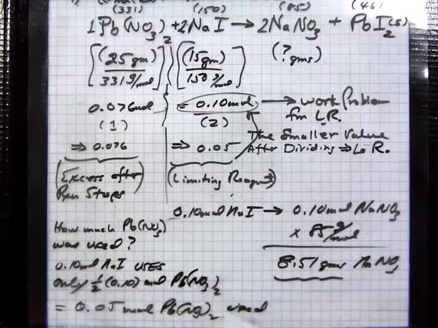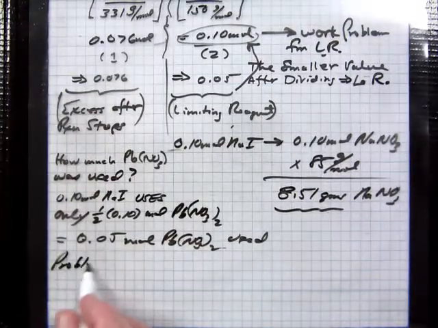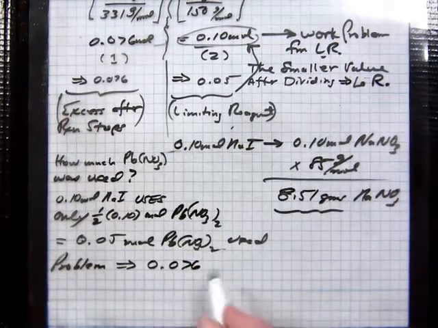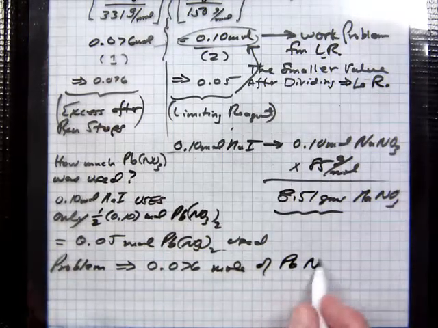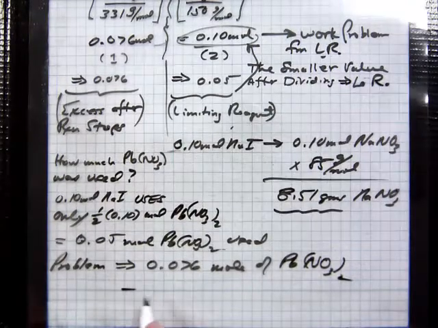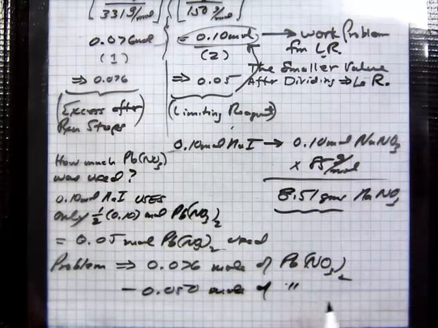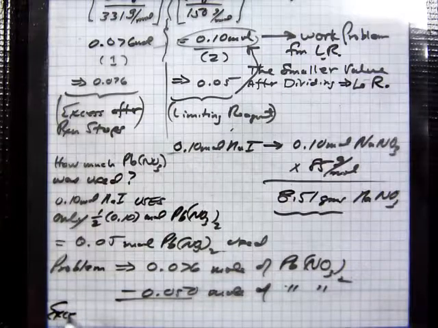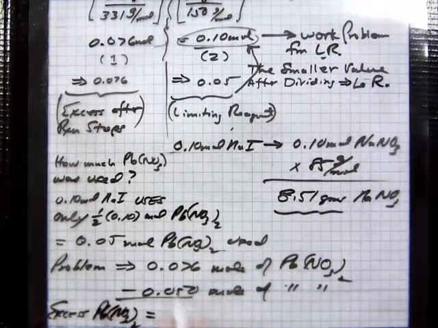However, the problem gives 0.076 mole of lead nitrate. So if we used 0.050 mole of the lead nitrate, then excess lead nitrate is equal to the difference in those two.